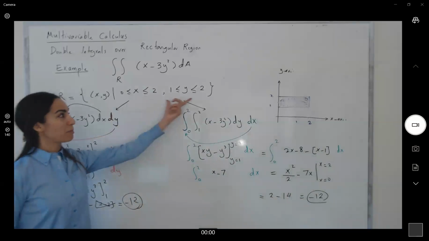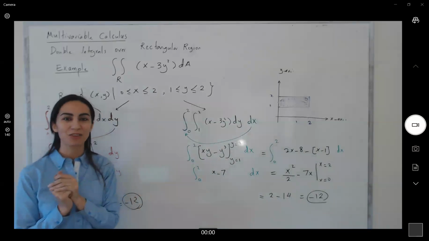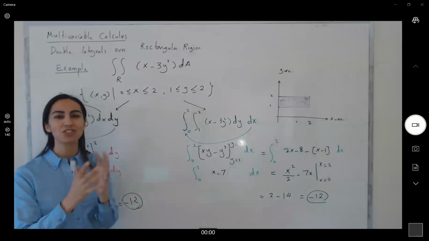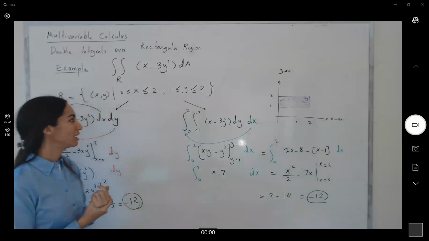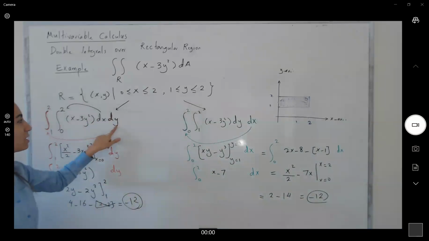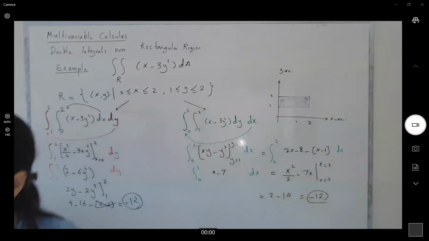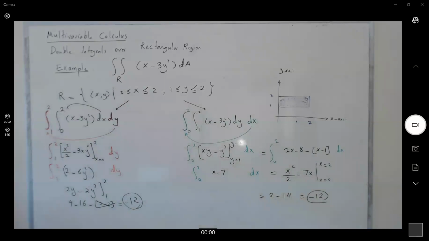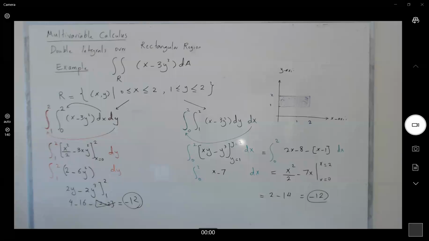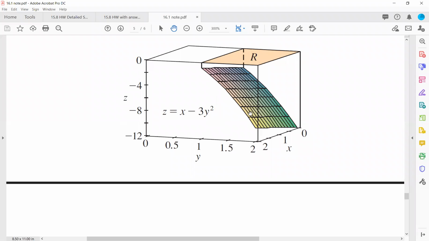Remember that when the boundaries are fixed, you're allowed to change the order of integration, dx dy or dy dx. Let's take a look at the graph. Your function z equals x minus 3y squared is this surface here.